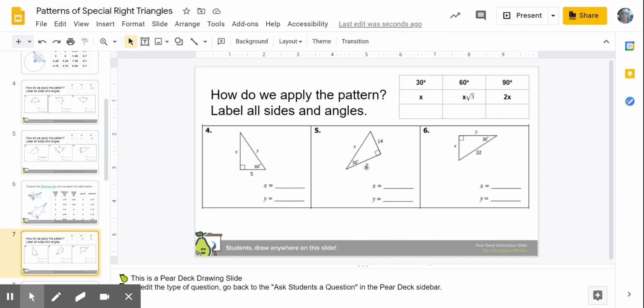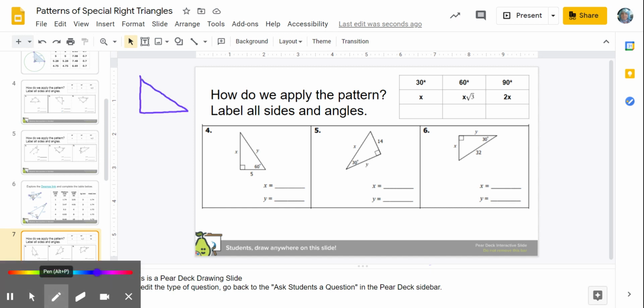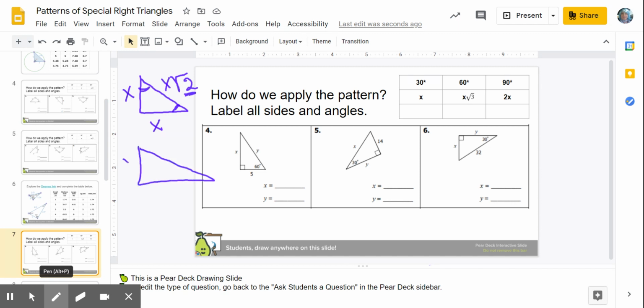So instead of the isosceles triangle, where we had x, x, and x on the square root of 2, because we've got two sides that are the same, we use the square root of 2. We've got a scalene triangle where it's x, 2x, and x on the square root of 3.